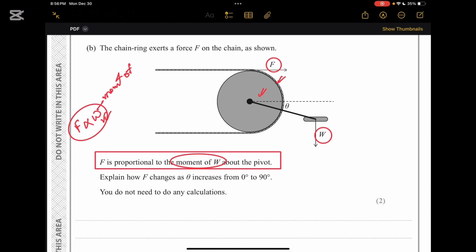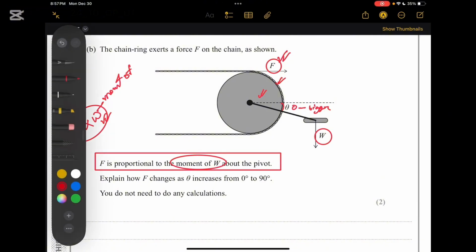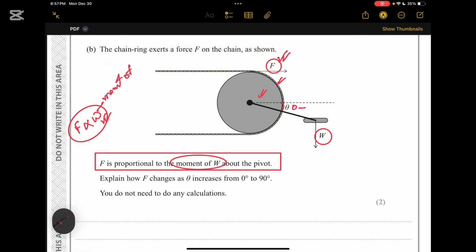All right. So explain how F changes as theta increases from 0 to 90 degrees. How will this F respond if this theta value increases from 0 to a bigger value? Actually it is 90 degrees, not just a bigger value. So how will this force behave as theta increases?